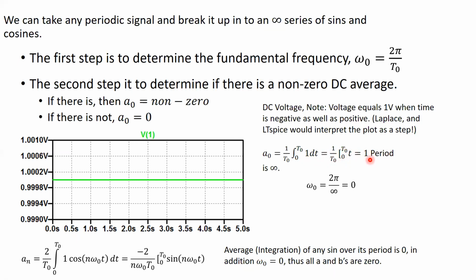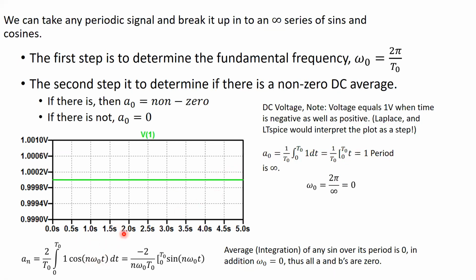So the average of a 1 volt DC signal is 1 volt. And it made me think, I knew that. But when I'm learning something new, I like to tie it to something simple that I can't possibly forget, like DCs don't change, right?